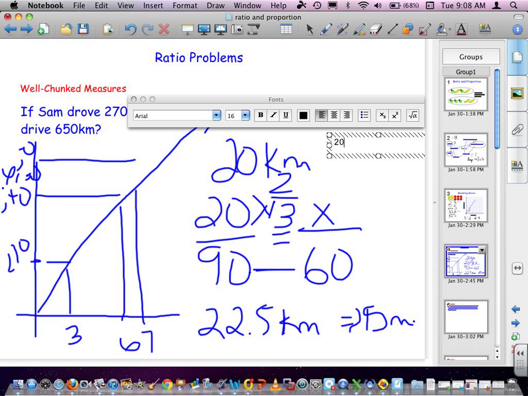Okay, so we've got 20 times 2 divided by 3, which is 40 divided by 3, which is what? 13.3 repeating. So it's going to take approximately 13.3 minutes more.